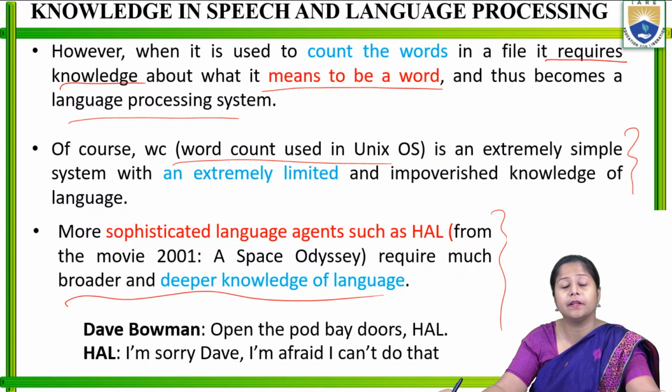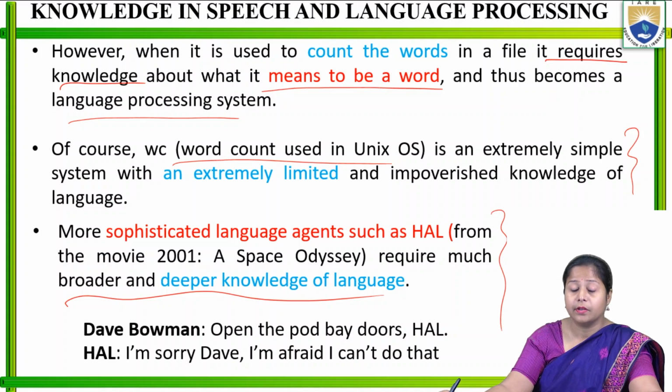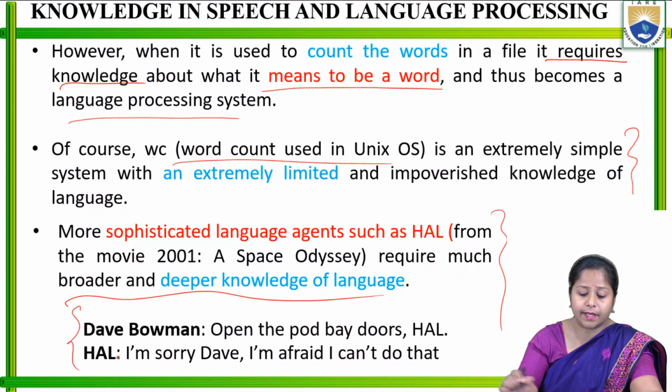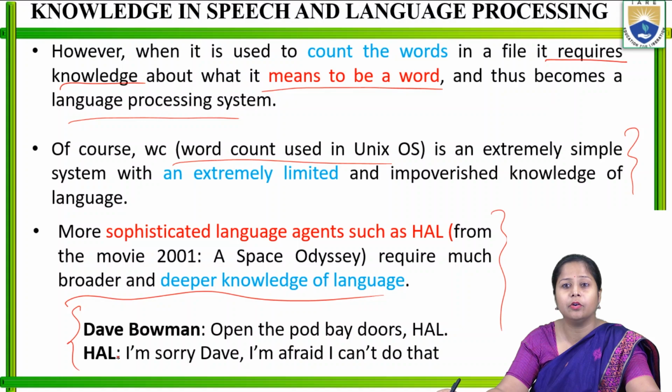Let's take some sentences from that movie to understand this. One character, Dave Bowman, says, "Open the pod bay doors, HAL." The person is speaking to this conversational agent, and the agent replies, "I am sorry, Dave, I am afraid I cannot do that."